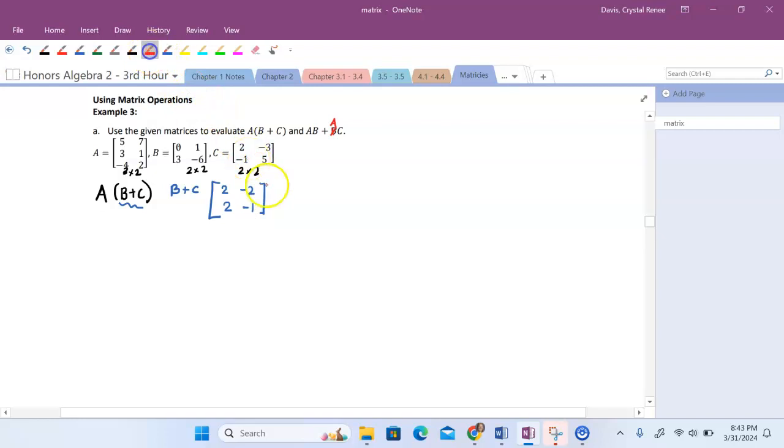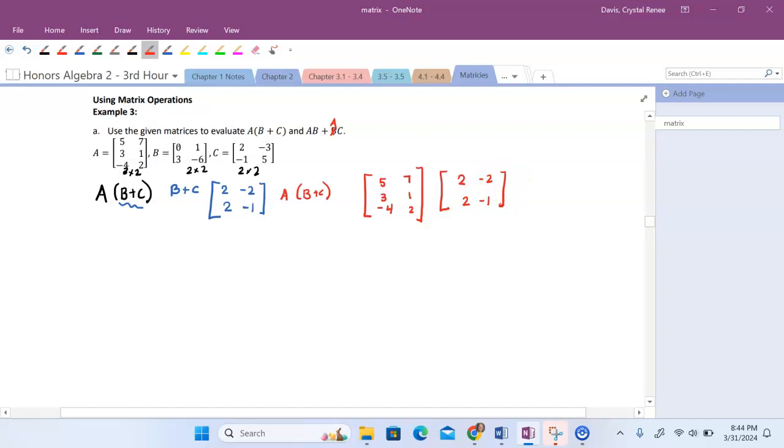All right, so then if I do A times B plus C, A is 5, 3, -4, and 7, 1, and 2, times B plus C, which is the matrix I just found, 2, -2, 2, -1.